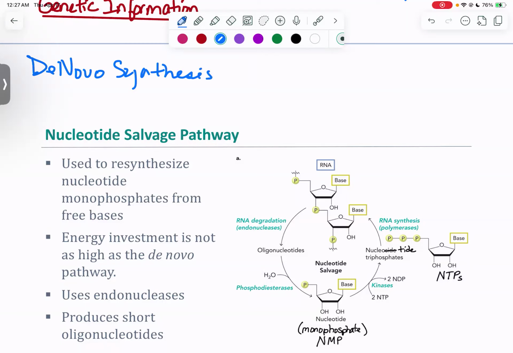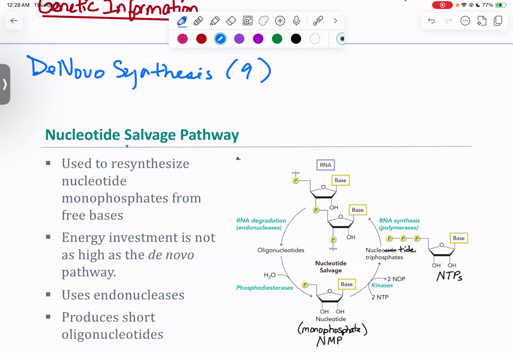So de novo synthesis is complex, requires lots of energy. It takes 9 high energy phosphate bond equivalents, right, in order to make ATP. That's a lot, right? So we would like to really avoid that energy expense.